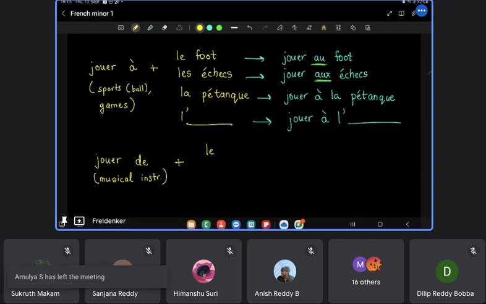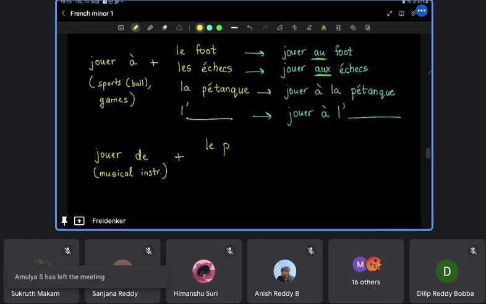Le piano. Yes, piano is masculine. Feminine, I have guitar, la guitare. Plural, is there a plural instrument? I don't think I found a plural instrument, so I can't give that example.